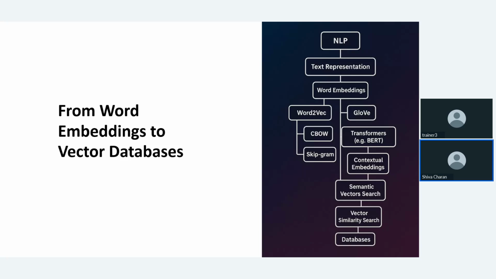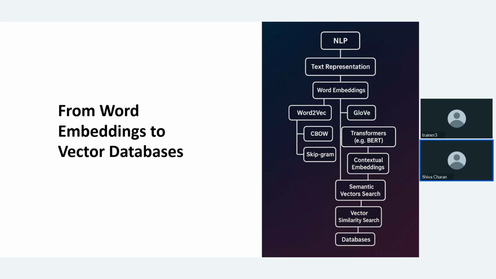Remember this: it works according to the meaning, what kind of question you are asking. It fetches the relevant vectors from the vector database, arranges them, and gives the output by understanding the context of what exactly you are asking. We call that semantic vector search.